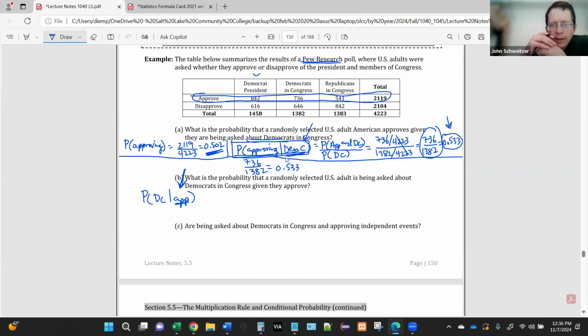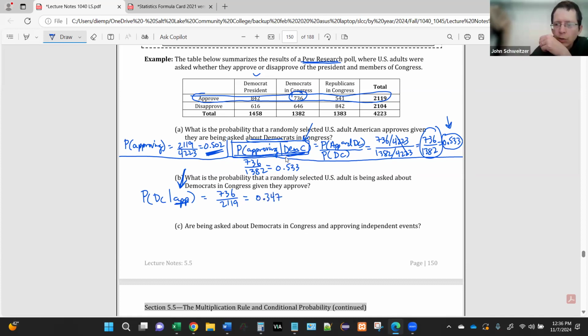If they're approving, then they have to be in the approving row. And if they're in that row, how many of them are being asked about Democrats in Congress? 736. So we just go 736 out of the total number for that row, 2119. Okay, no formula, we just get the answer. It's super nice and quick there.